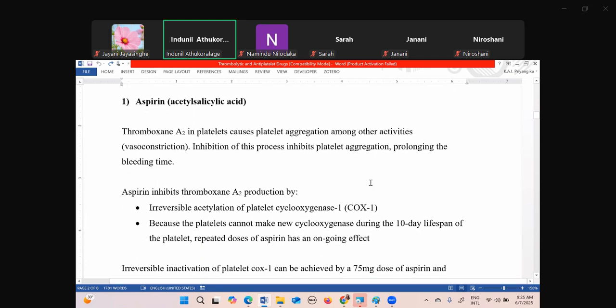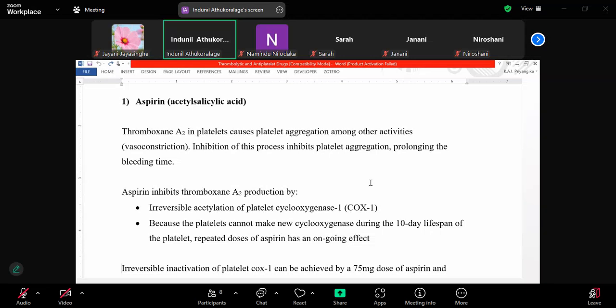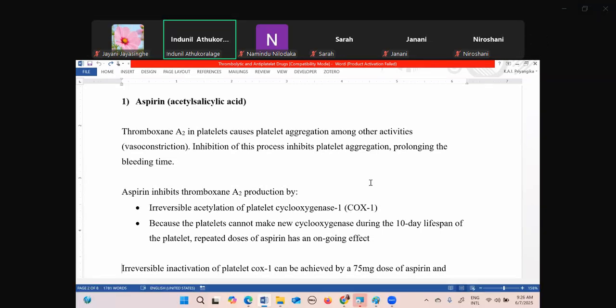Okay, so the first one is aspirin, which is also known as acetylsalicylic acid. Thromboxane A2 promotes platelet aggregation among other activities like vasoconstriction.